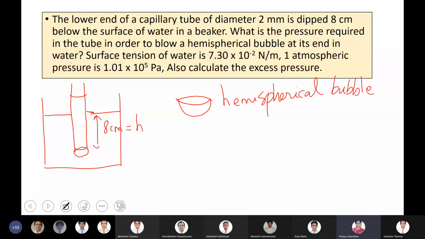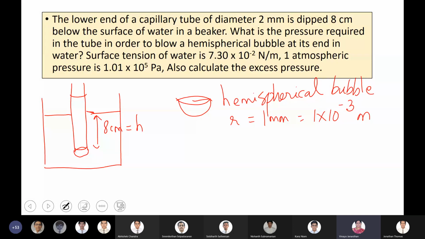The radius of the bubble will be equal to the radius of the tube. So what will be the radius? Diameter is 2 millimeter, radius will be 1 millimeter. So that is 1 into 10 to the power of minus 3 meter.